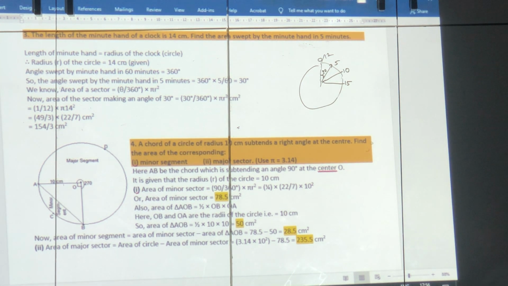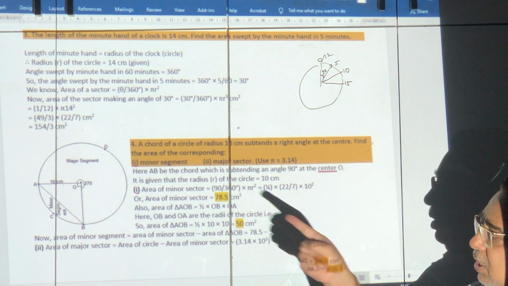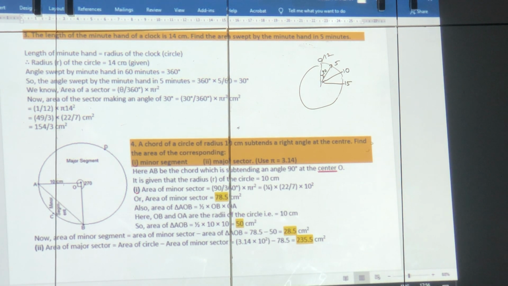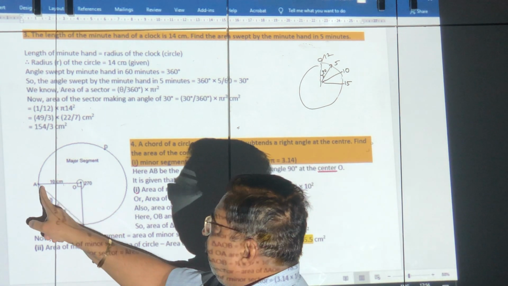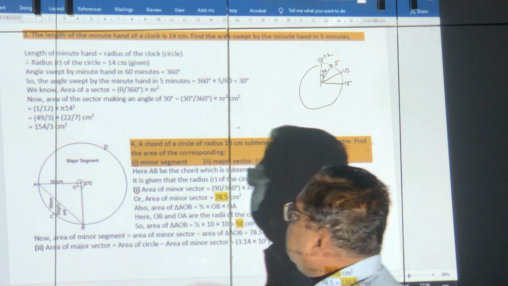Look at the fourth sum, which is slightly different now. A chord. You remember chord is that coming from a secant which cuts the circle in 2 points. Okay? And the line is a secant. A chord of a circle of radius 10. Radius is 10. So we have drawn, my friends, 10. Subtend the right angle. We have drawn a right angle. Okay?